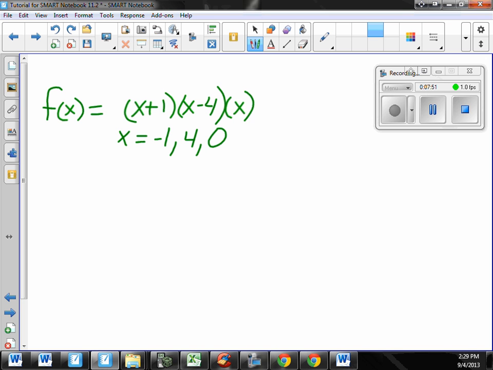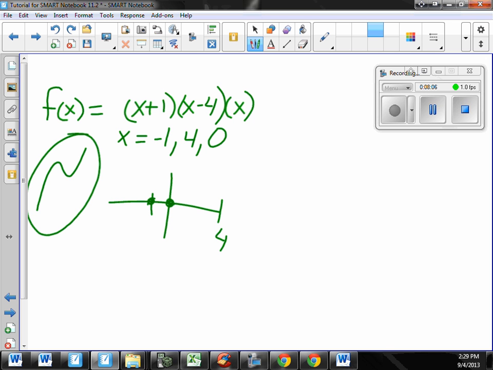Positive x to the third. So it's going to look something like this. My roots are negative 1, 0, and positive 4. So I know that the graph goes down on the left and up on the right. So it's going to look like that.